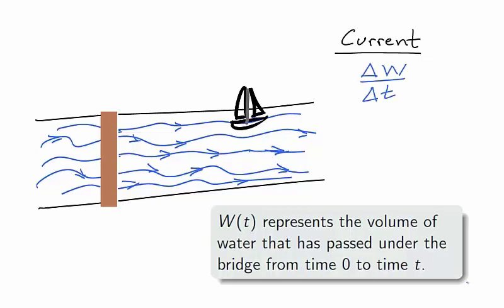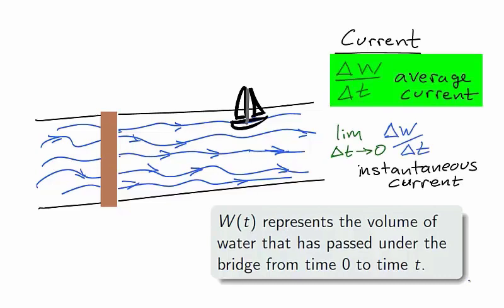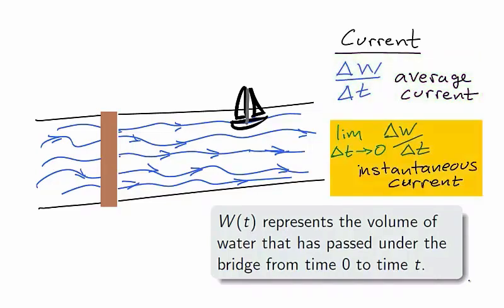The current of the stream is the rate at which the flow changes with respect to time t. That is, the change in volume with respect to the change in time. We can discuss the average current just as we do the average rate of change. And we can discuss the instantaneous current as the limit of the average current. To summarize, the derivative of the flow is current, just as the derivative of position is velocity.